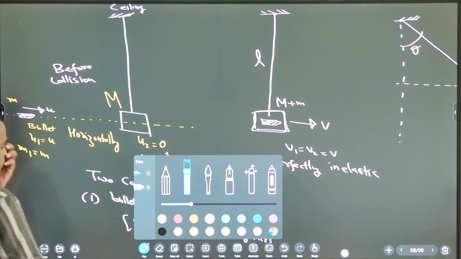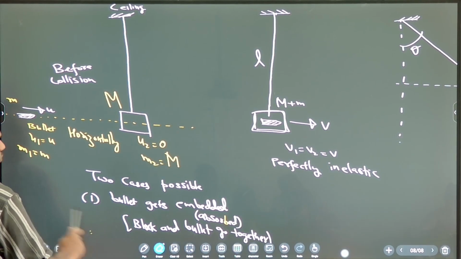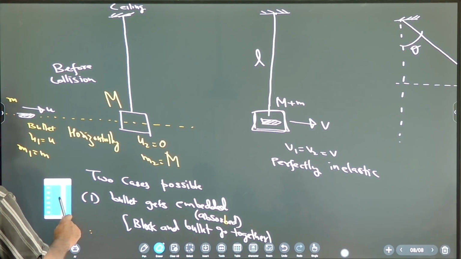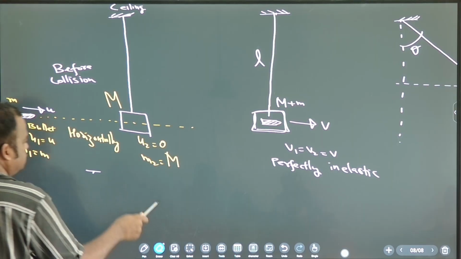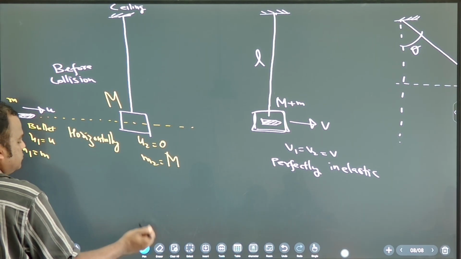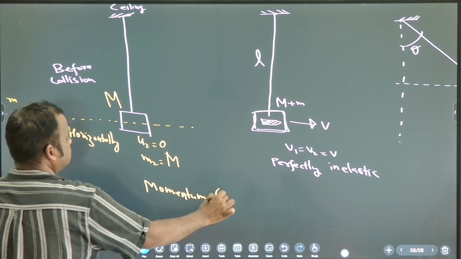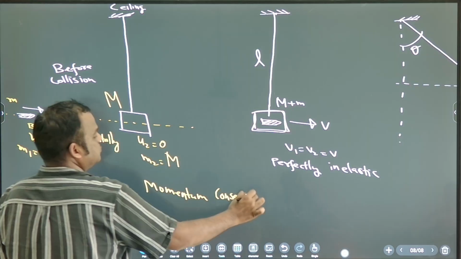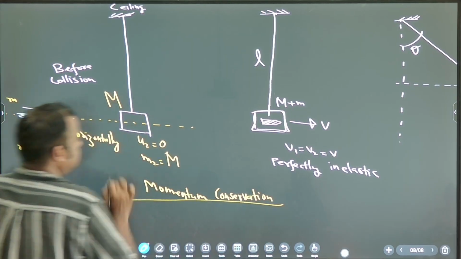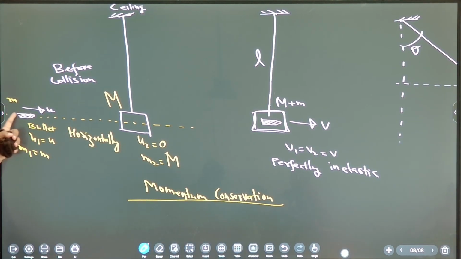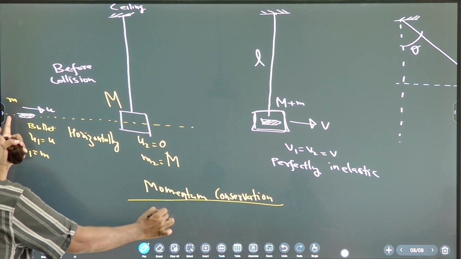So solve. Calculate V. Momentum conservation. How to do momentum conservation? What is initial momentum of bullet? mu.